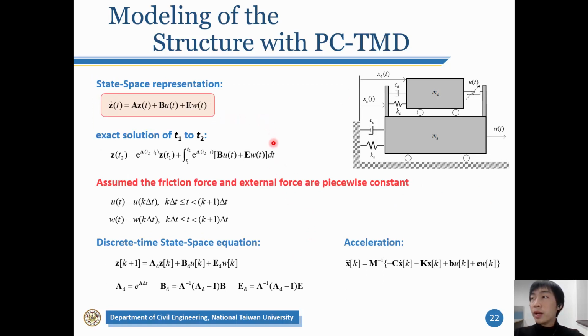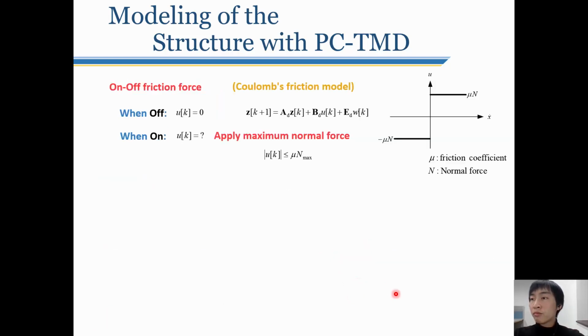By assuming the friction force and the external force are piecewise constant in one small time step, the continuous time state space equation can be derived into the discrete time state space equations. By these equations, if we calculate the friction force, then the time history analysis can be conducted.